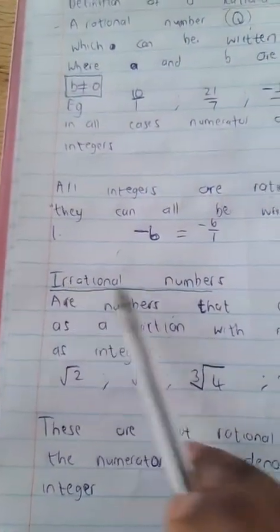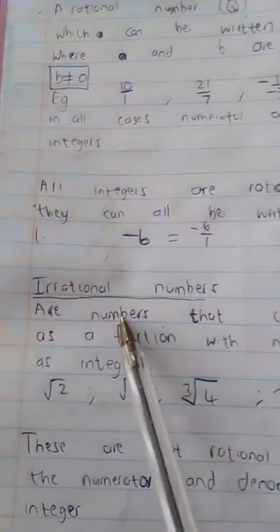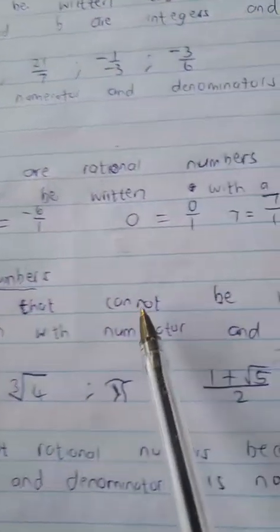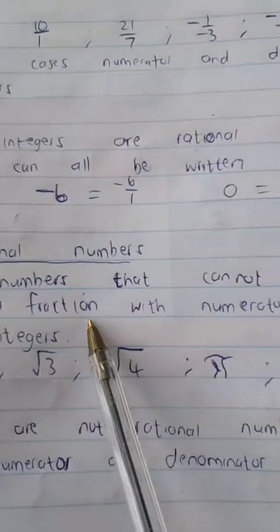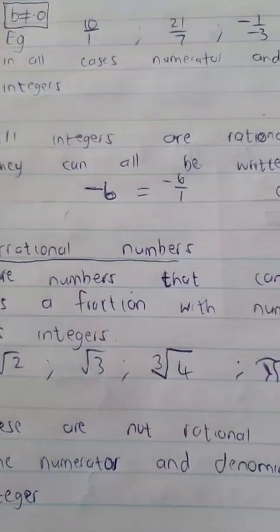Now, what are irrational numbers? These are numbers that cannot be written as a fraction with the numerator and denominator as integers. Now, this is the important part.